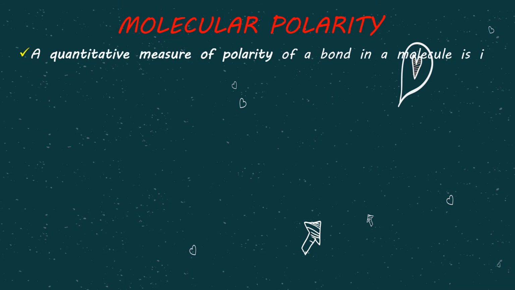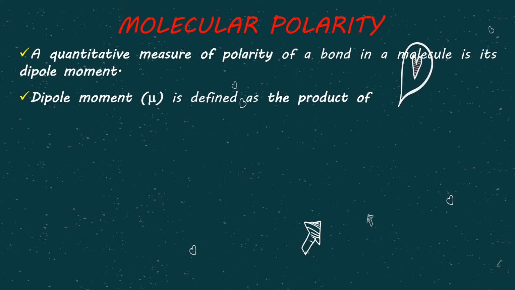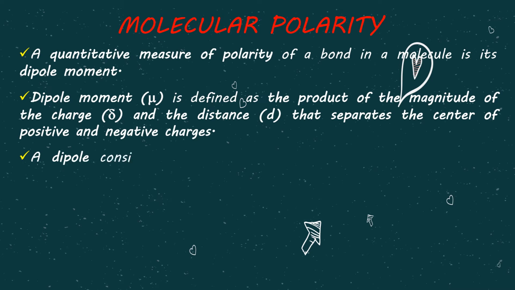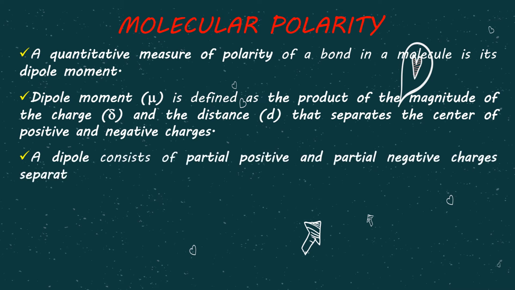For molecular polarity, the quantitative measure of polarity of a bond in a molecule is its dipole moment. Dipole moment is defined as the product of the magnitude of the charge and the distance that separates the center of positive and negative charge. A dipole consists of partial positive and partial negative charge separated by a distance.